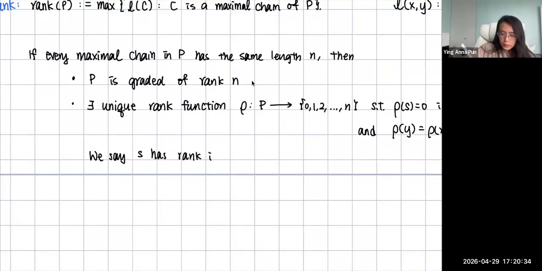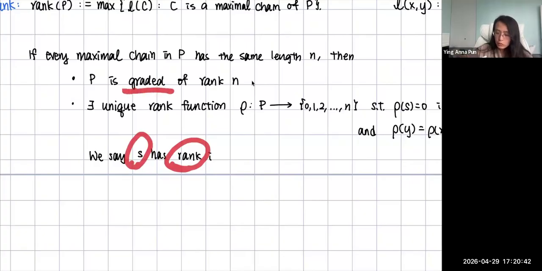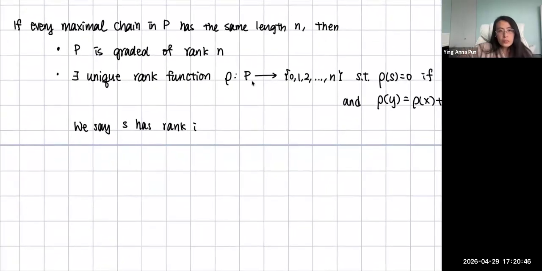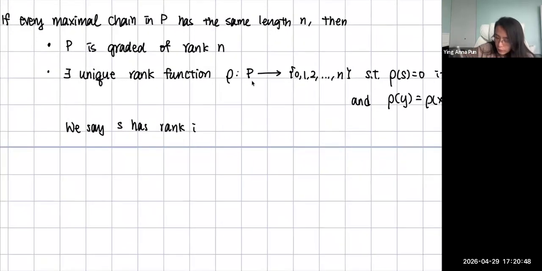So far I defined rank for a poset, but you can also say the rank of an element if your poset is graded. The rank of S is kind of like the height of it. So it would be of rank i if rho of S equals i. If the rank function tells you that it is the ith level, then that's rank i.